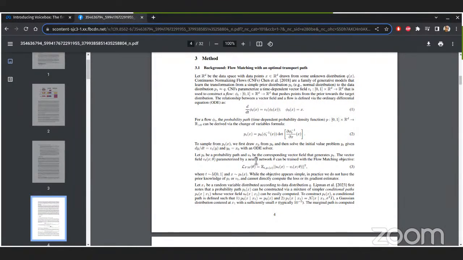So the way they tackle this is by introducing the idea of a conditional probability path PT, which is a mixture of simpler conditional paths. And these paths have known vector fields, so it's easier to make the computations for them. So VoiceBox introduces something called the conditional flow matching objective, which is similar to the flow matching, but it, again, uses these conditional paths.